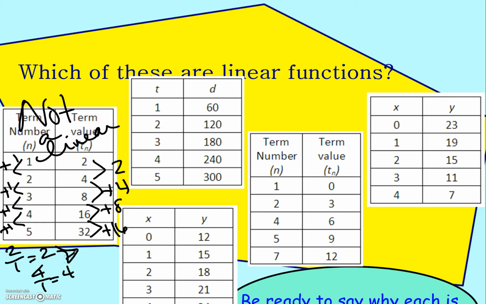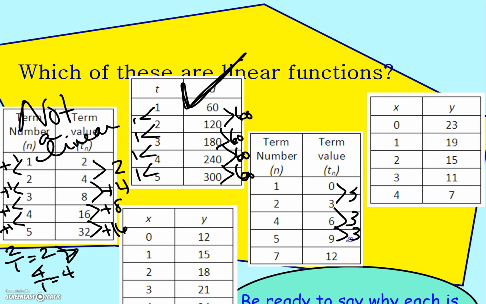These numbers are not the same. This would be 60, 60, 60, 60, and each of these change is 1. So that's how you know that that is a function. 3, 3, 3, 3. So far it looks good. 1, 2, 1, 2. 3 divided by 2 is not the same as 3 divided by 1.